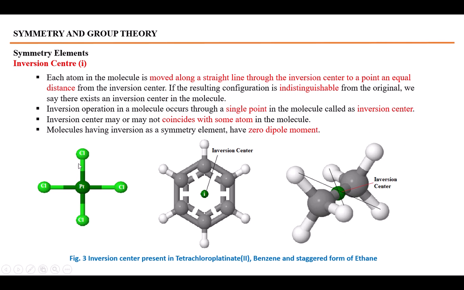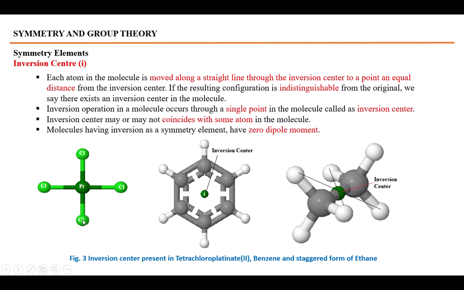Whenever you start moving from one point, pass through a center, and along the straight line you reach another point on the other side, and you find the same type of atom on the other side at the same distance from that central position, and this should exist for each and every atom of the molecule, then you say that inversion exists in the molecule.